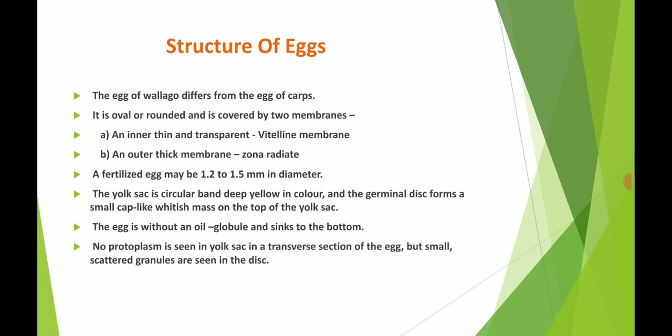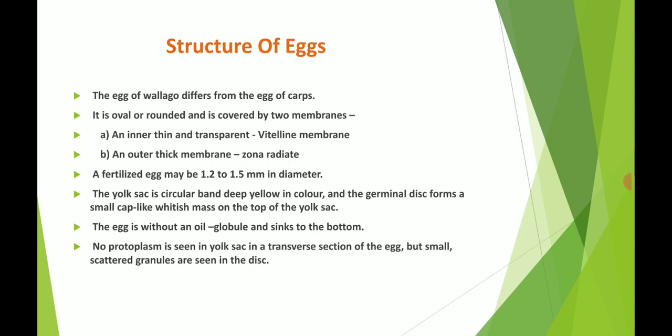These eggs are oval or rounded and are covered by two membranes. The first one is the inner, a thin and transparent membrane, which we call the vitelline membrane. The second one is the outer, a thick membrane, called the zona radiata.